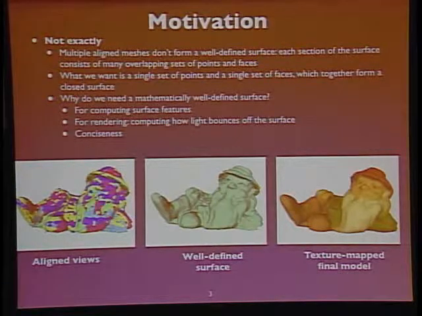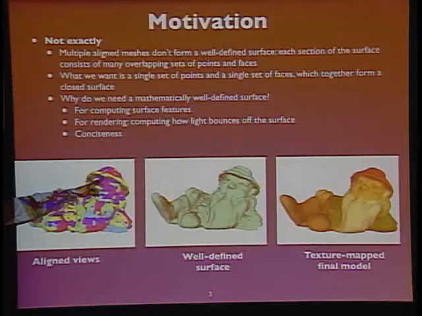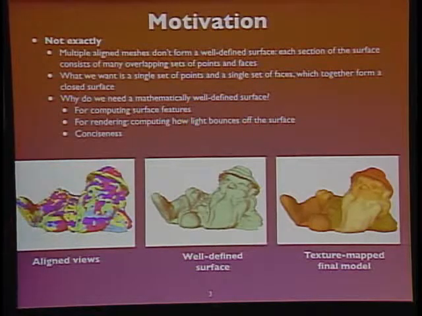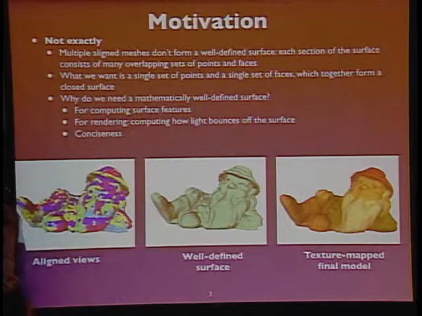So first of all, multiple aligned meshes don't form a well-defined surface. And just as one concrete example of that, imagine that I have this point on the surface that is imaged from 5 different data sets. Or in other words, from 5 different points of view. And let's for the moment forget about the discrete sampling of surfaces issue that we have talked about a couple of times. And imagine that we just happen to get points in each one of those 5 data sets that correspond exactly to this location on the surface.